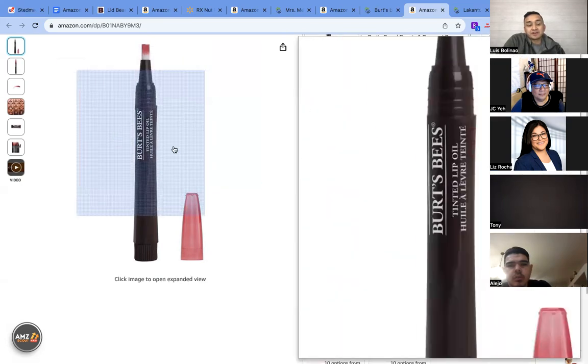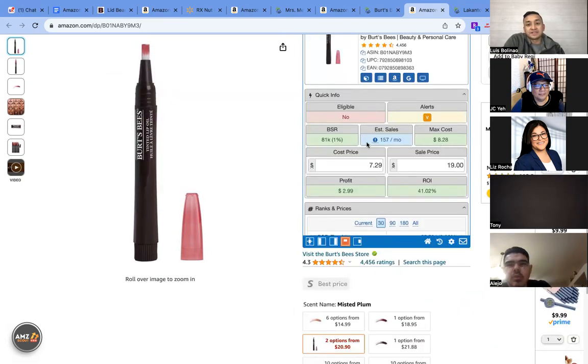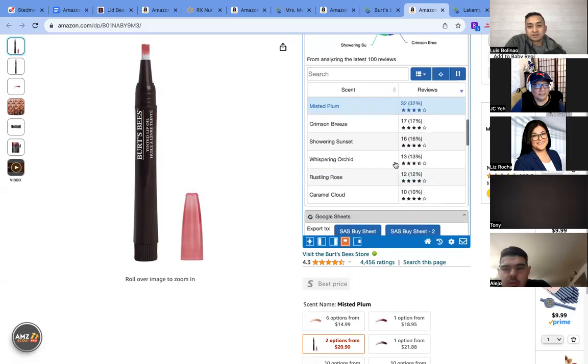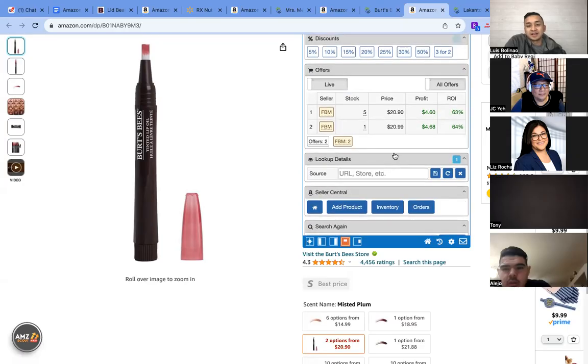So this exact variation is selling about 50 times a month. It's giving me 40% ROI. So now I look at other sellers, and then I decide, can I share 50 sales a month with these two other sellers who have this much inventory? Make sense?